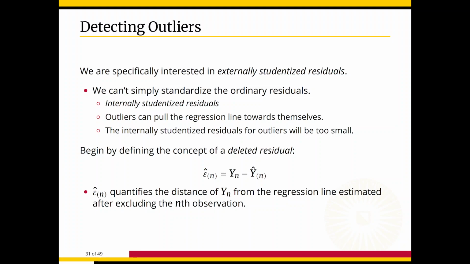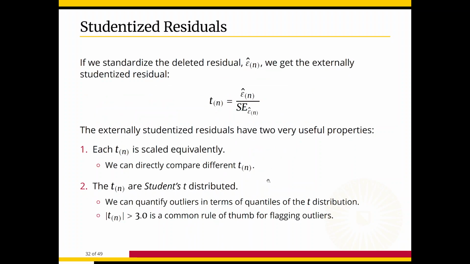And we do that for every observation. So we get this deletion residual, which won't be contaminated if y_n is an outlier, right? Because it's not going to be used to estimate this best fit line, so it cannot pull the best fit line toward itself, right?